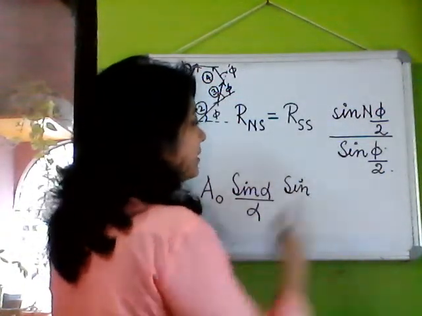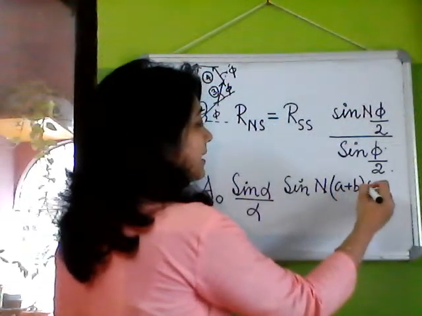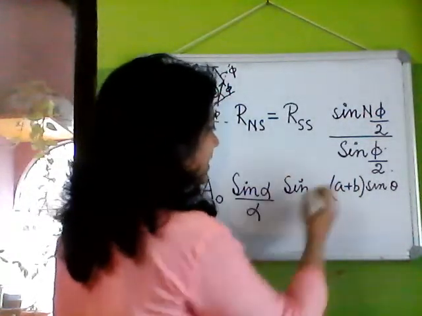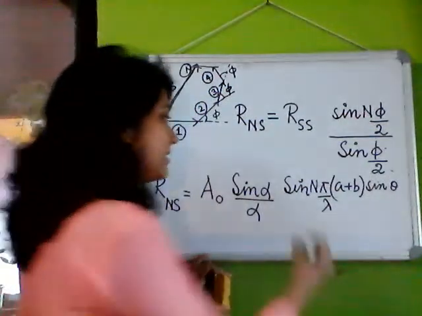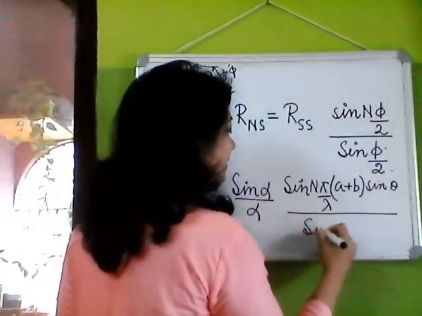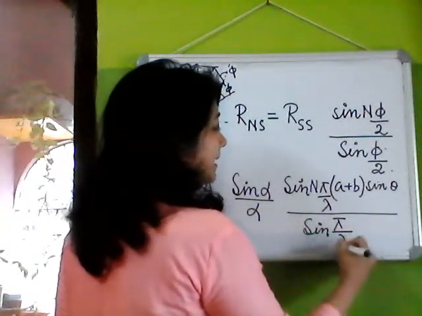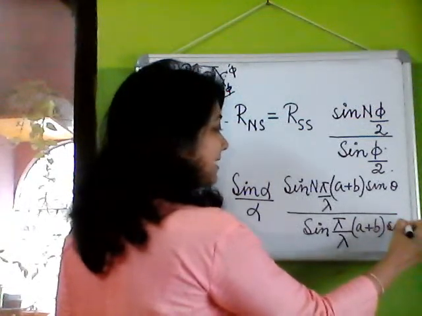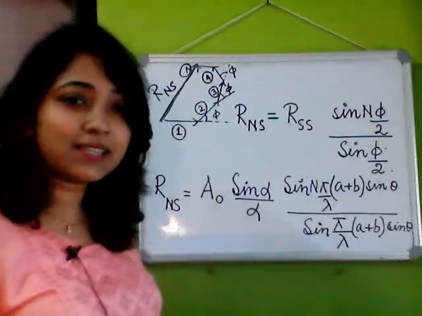I am left with sine of n pi by lambda (a plus b) sin theta, divided by sine phi by 2, which will be sine of pi by lambda (a plus b) sin theta. Alright, I hope all of you are with me while I am writing this.